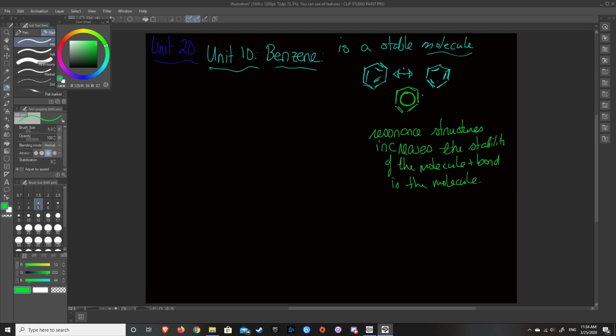Since benzene is fully delocalized, all of these electrons can exist anywhere in this molecule as they rotate around. So since they can exist anywhere, the reactivity is slightly different than if we just had a carbon-carbon double bond.